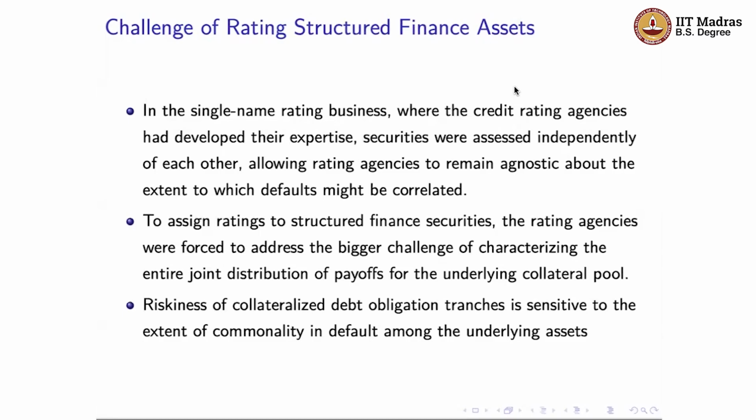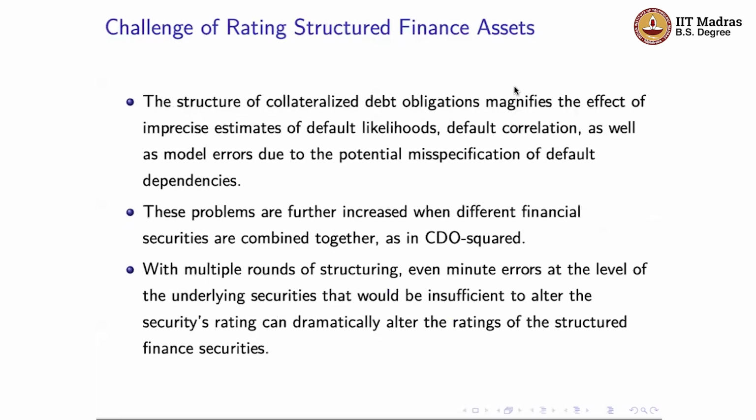So you needed to answer this question. If you have two assets, you just need to figure out the correlation of underlying default. But if you have more complicated objects, the underlying joint probability distribution becomes more and more complex to specify. This underlying correlation between the different securities is going to play a very important role in how risky they are. With more and more securitization, like the CDO squared and all these things that we talked about, these underlying complications become more and more important.